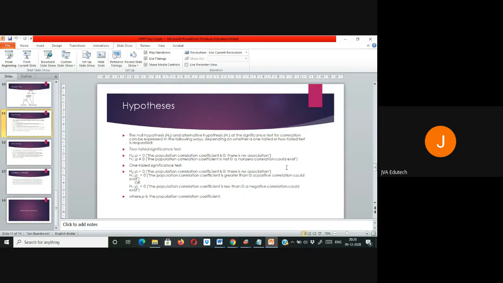In a one-tailed significance test, the null is again that the population correlation coefficient is zero, or in the other case you won't say that it is not equal to zero, you will say that it's greater than zero, because it's unidirectional. Either it will be equal to zero, or greater than zero, or smaller than zero. If the population correlation coefficient is greater than zero, a positive correlation could exist. If it is less than zero, a negative correlation could exist, where rho is the population correlation coefficient.